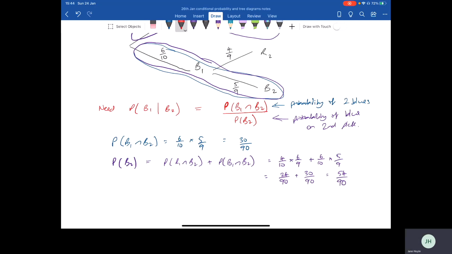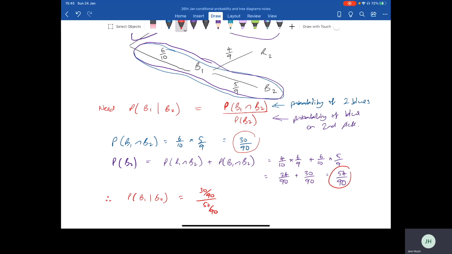So that means I should be able to go back to my probability. So therefore the probability of blue 1 given blue 2, so the probability of the first marble being blue, given that the second marble was blue, is equal to that 30 over 90 divided by the 54 over 90.